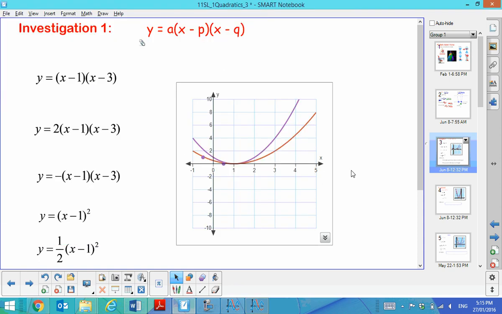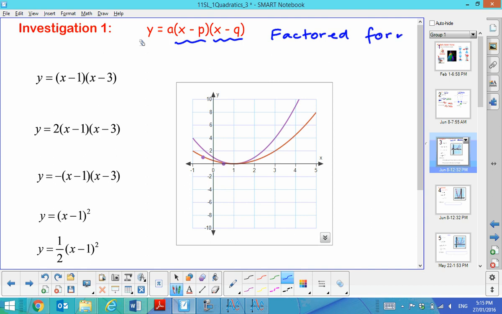I'll just set them up on the board here. So we've got a whole lot of functions here in this first part. The key thing to note is that we've got a situation where we've got two factors being multiplied. So we call this the factored form. And you may have another number out the front as well. So the first one we could graph up is x minus 1.